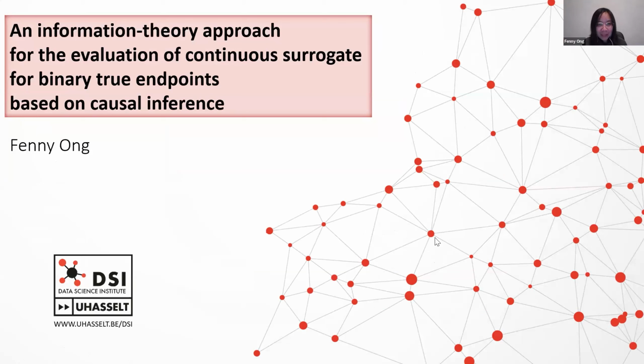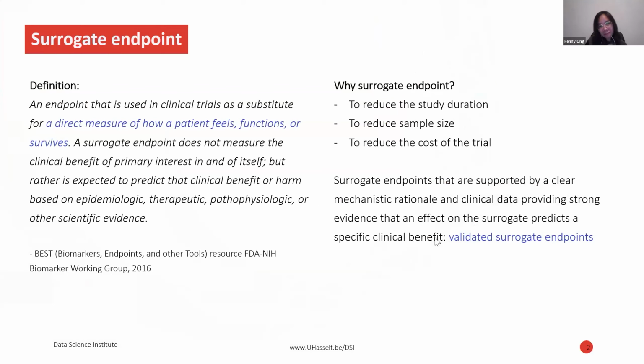So my presentation will focus on the information theory approach for the evaluation of surrogate endpoints based on causal inference model. First of all, maybe it would be good to say something about the definition.